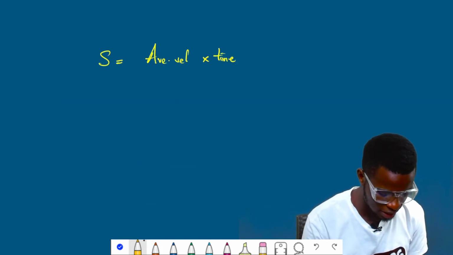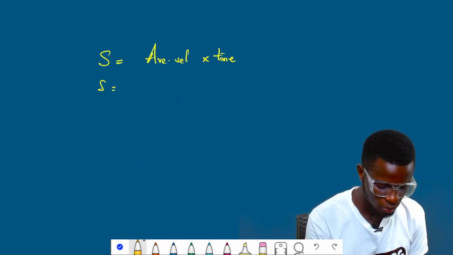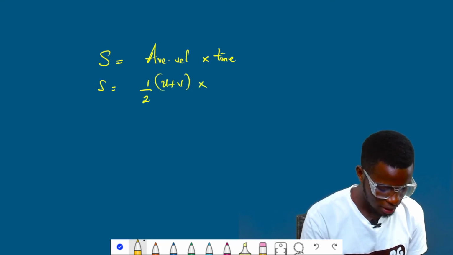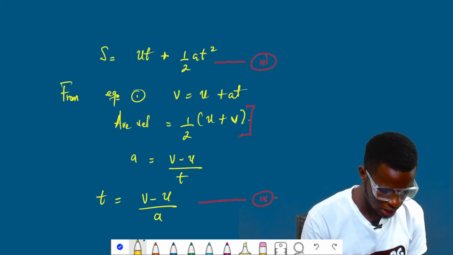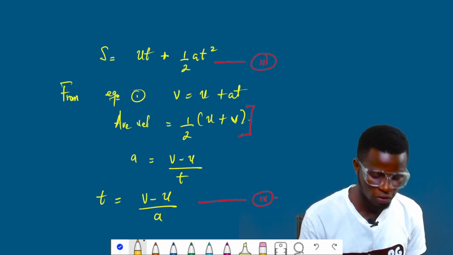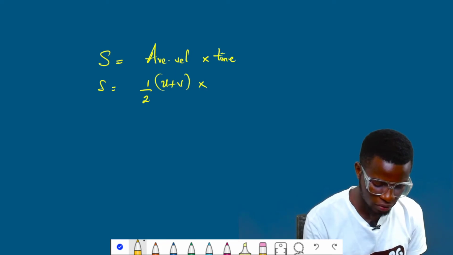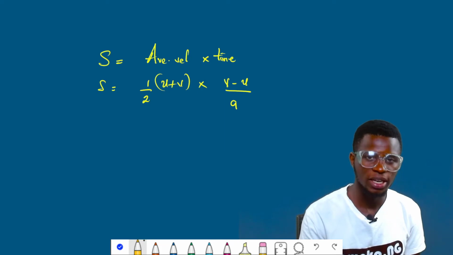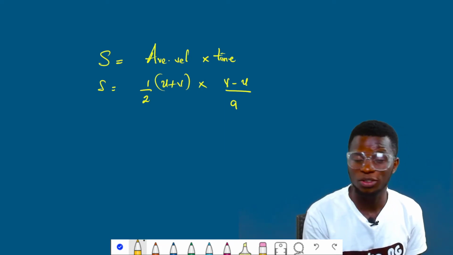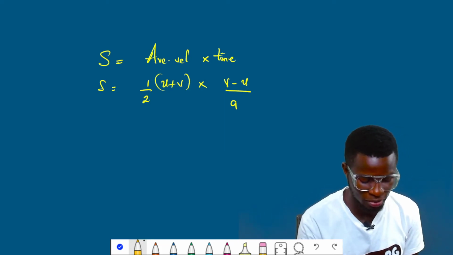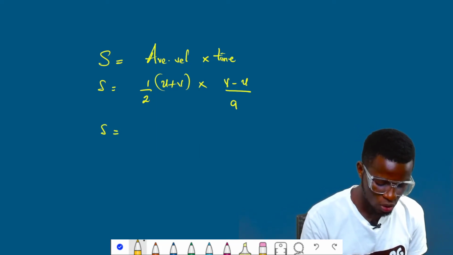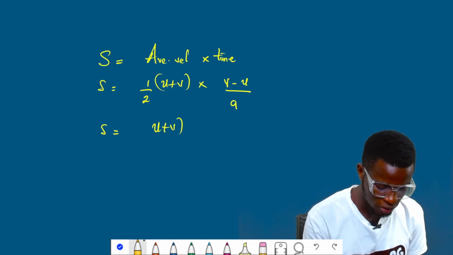So we have that s is equal to 1 over 2 (u plus v), and the time is no longer t but v minus u over a. If you just multiply through, there's no point taking the LCM, we have s is equal to (u plus v) multiplied by (v minus u) all over 2a.